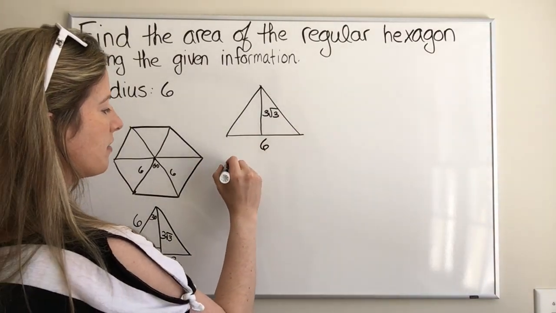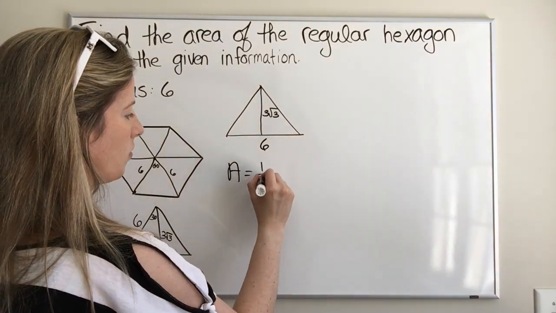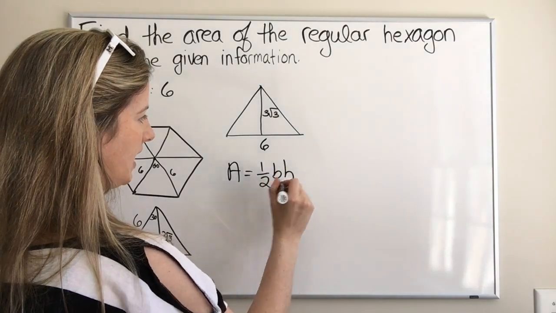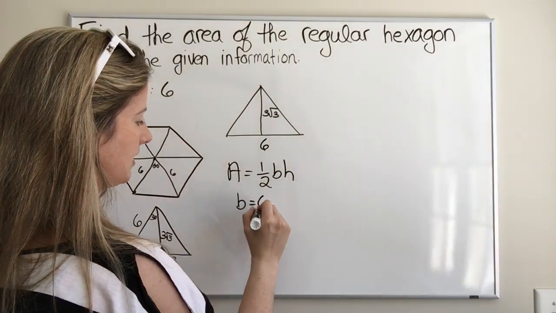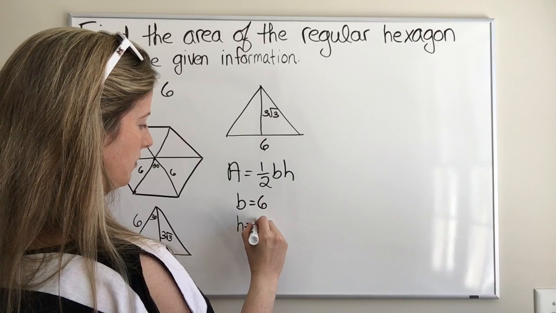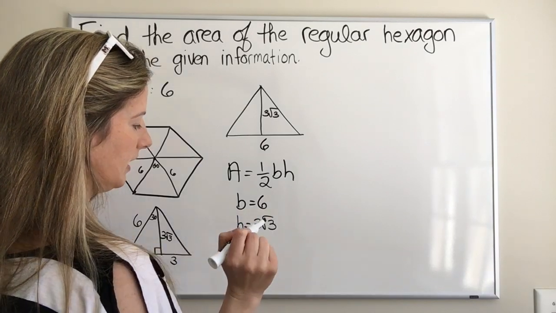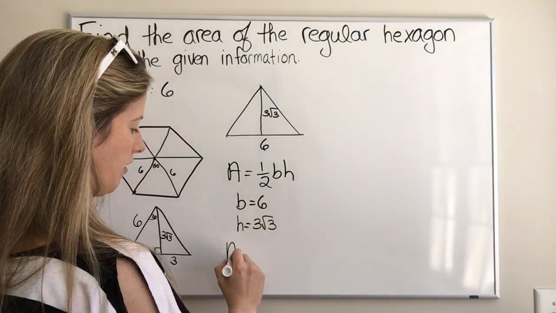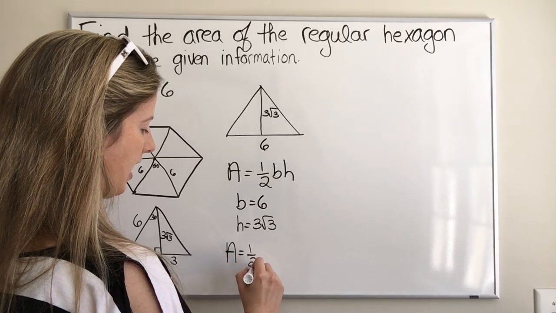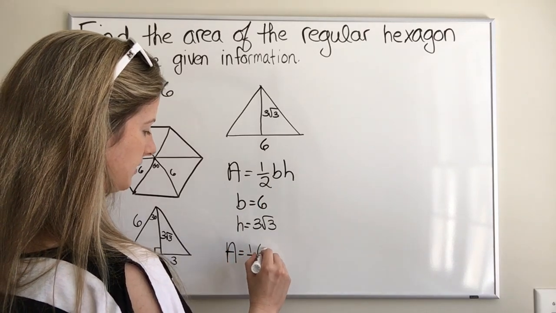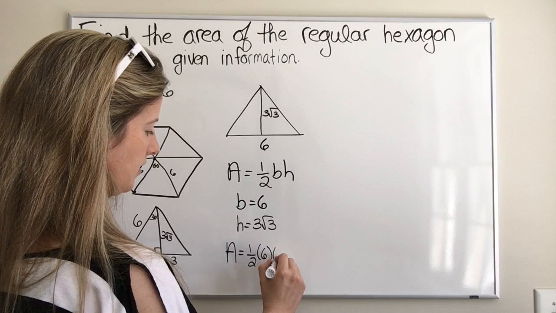Okay, so now if I want the area, it's just going to be 1/2 base times height. In this case, the base is 6, and the height is 3 root 3. Okay, so if I want the area of one triangle, it's going to be 1/2 times 6 times 3 root 3.